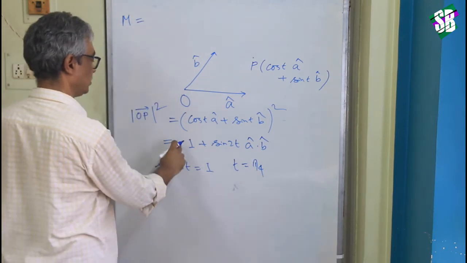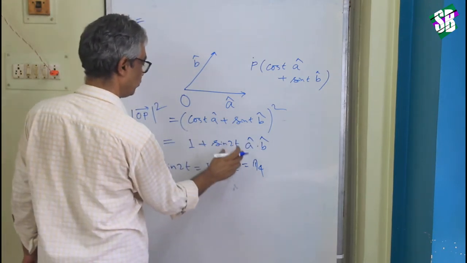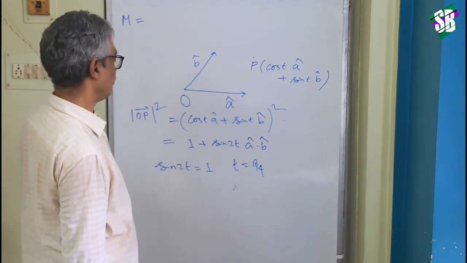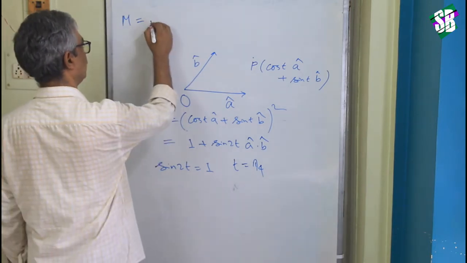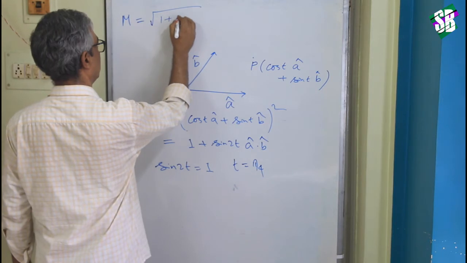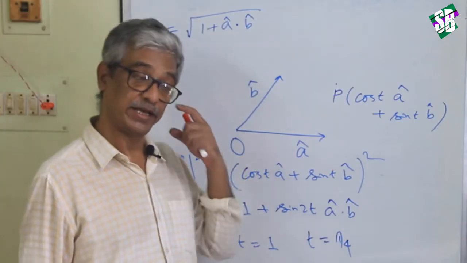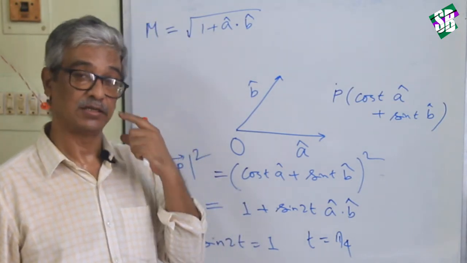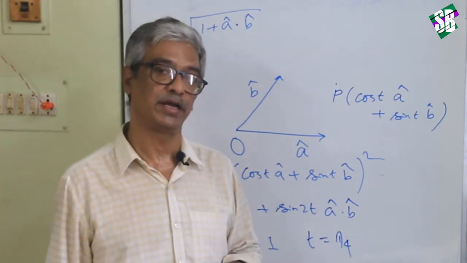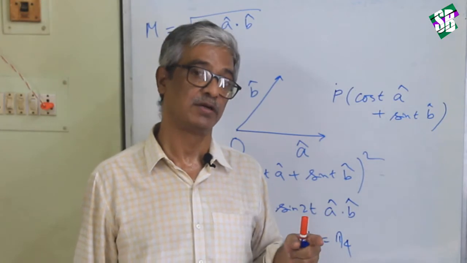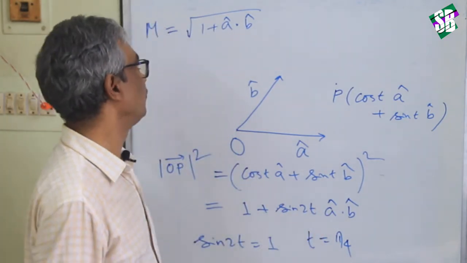M is root over this with sin 2t equal to 1. So root over 1 plus a cap dot b cap. In this case, it is told that u cap is a unit vector along OP vector when t equal to pi by 4.